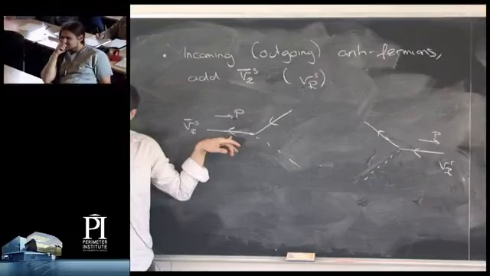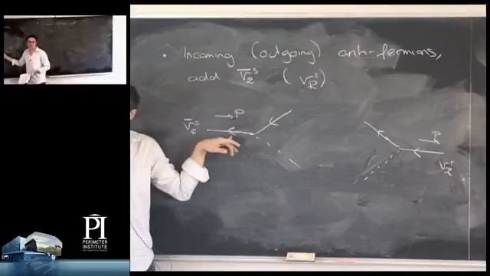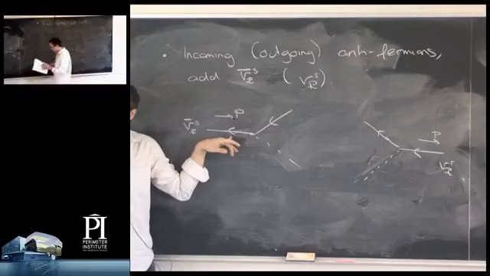Each vertex gets a factor minus i lambda. Okay, this is the vertex. There's a minus i lambda, and that's precisely because lambda was the coupling constant in front of the Yukawa term.